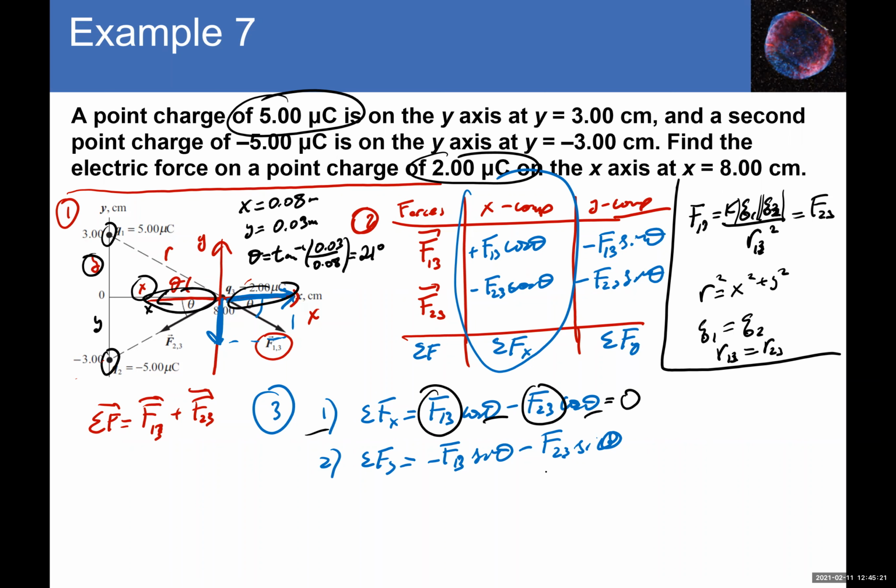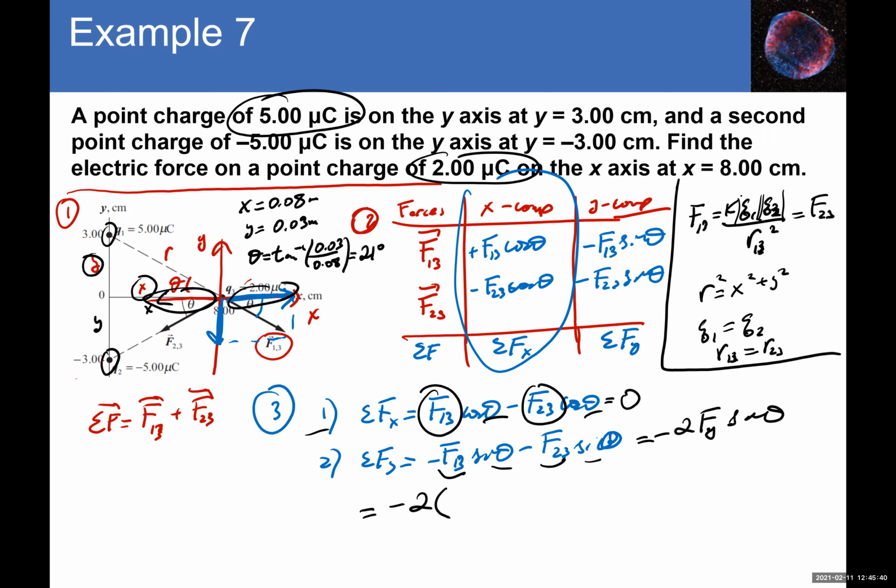The Y components add up because the thetas are the same, so it's basically negative 2 times the Y component, F sine theta. Because the magnitudes are the same, I can just add them.